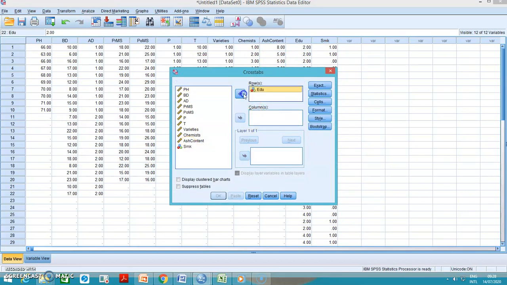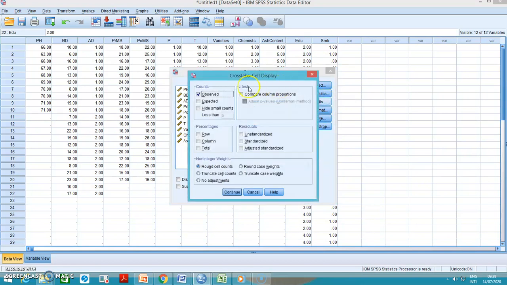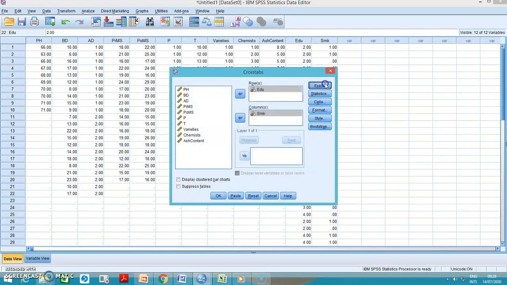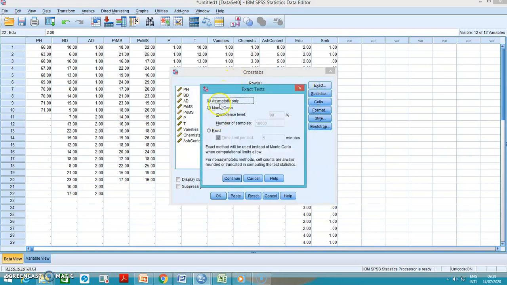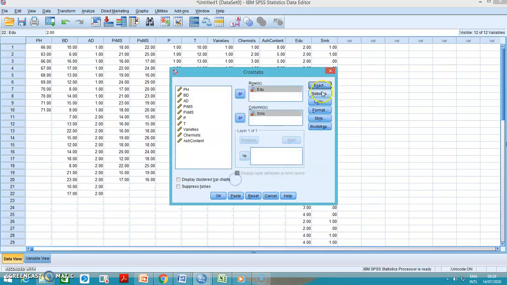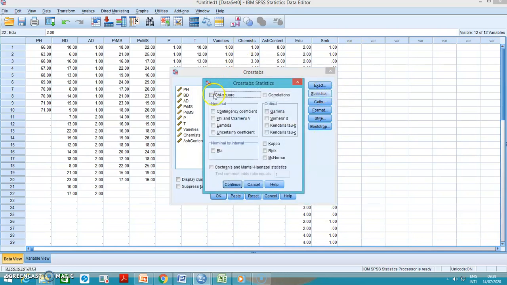Both are nominal variables. Go to Cells, observed, expected, continue, exact, asymptotic only, continue, and Statistics. You click on chi-square and click OK.